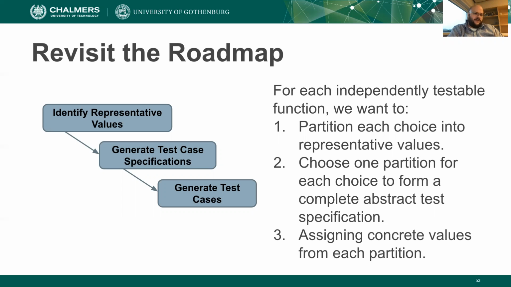It says you're going to fill in this type of input, right? And then for each of those abstract test recipes, you can instantiate one or more concrete test cases by providing the actual values we're going to pass into the program that match those partitions that we chose. Does this make sense? Again, feel free to ask questions if you have any.